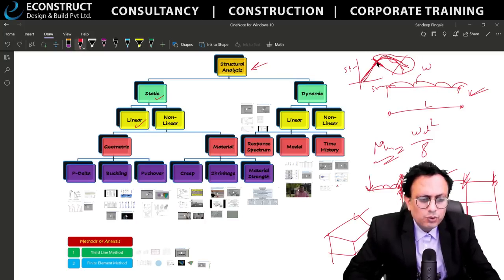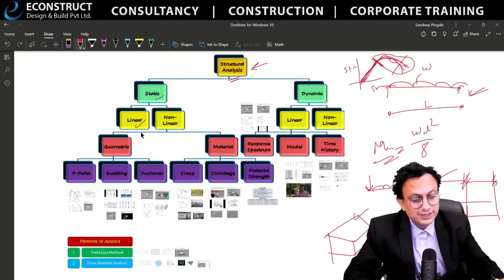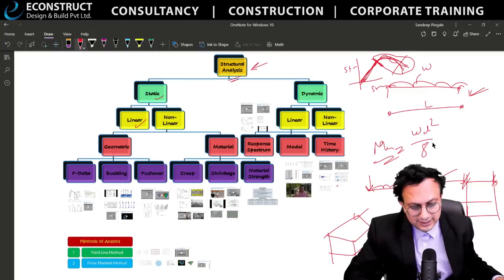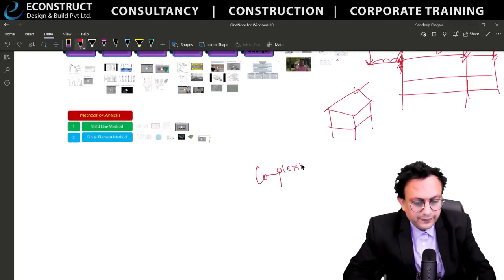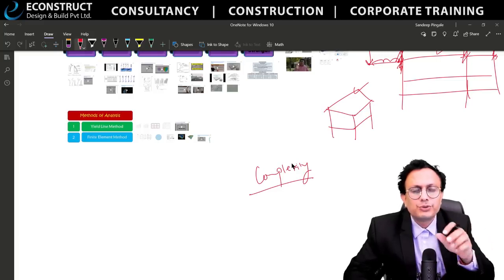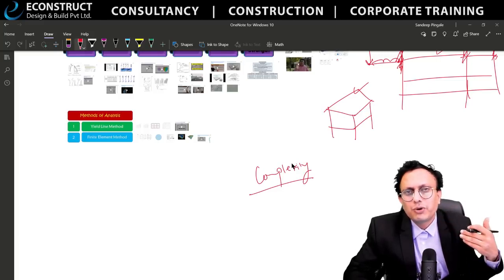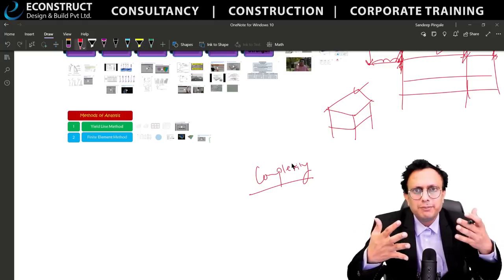But is this the only reason that we go for the linear static analysis? No, there are various reasons. One reason is the complexity, right? What do you mean by complexity? In the linear static analysis, you know the input parameters, you know the input equations, and you know the output variables and their determinate behavior.